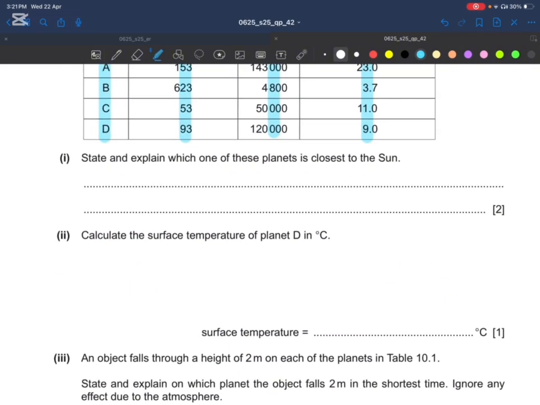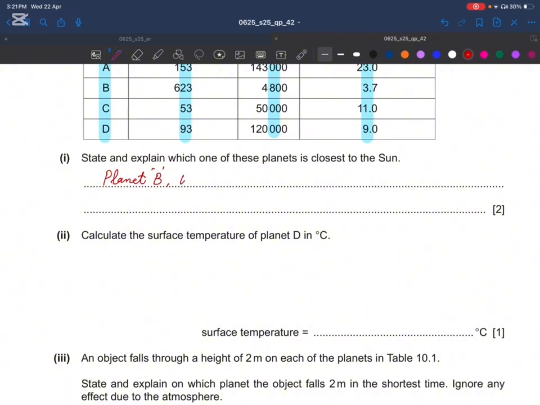State and explain which one of these planets is closest to the sun. Simply, you have to check the temperature. Here 623 is the highest temperature, which belongs to planet B. So you can say that planet B is the closest to the sun.